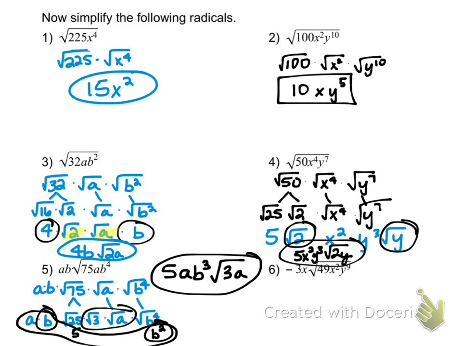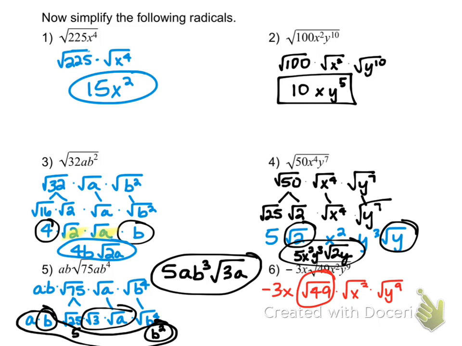And then lastly, I have negative 3x times the square root of 49 x squared y to the 9th. So here, we're going to look and see, I have negative 3x stays out, and then times, negative 3 times x, I guess, times the square root of 49, times the square root of x squared, times the square root of y to the 9th. Now, this makes it really nice because this is a perfect square.